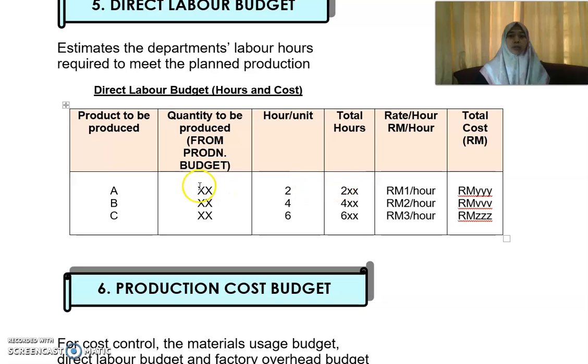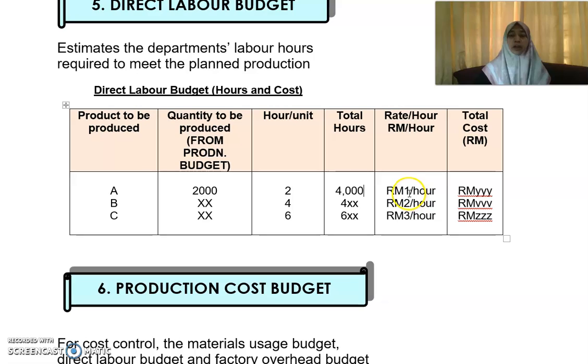So total hours will be the quantity times the hours per unit. Let's say you have 2,000 units, so 2,000 units times 2 hours per unit that you require. That will be 4,000 hours, for example. Okay, 4,000 hours times the rate per hour.